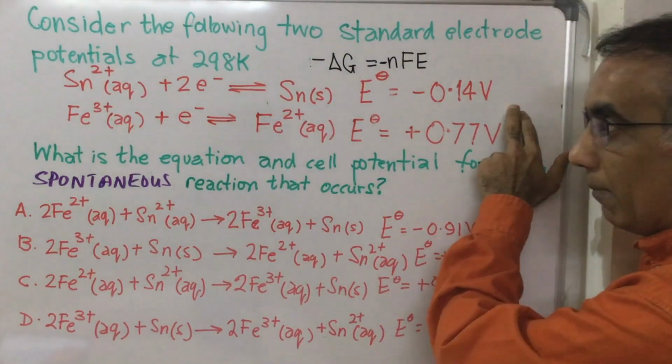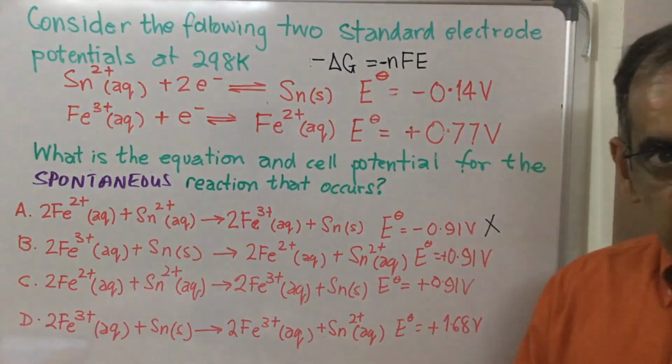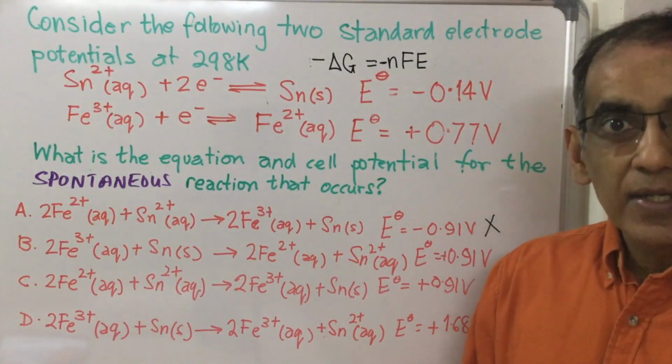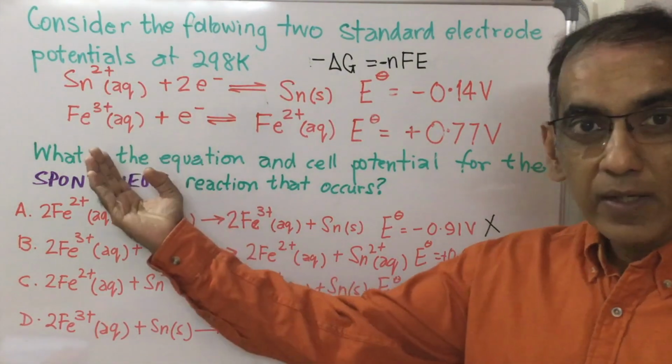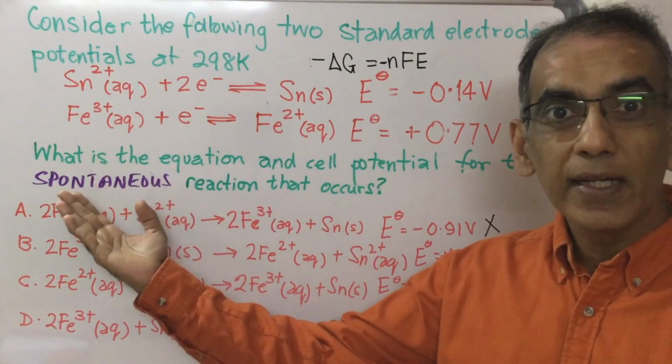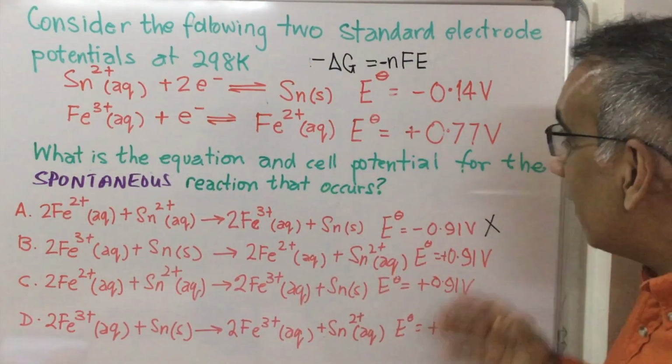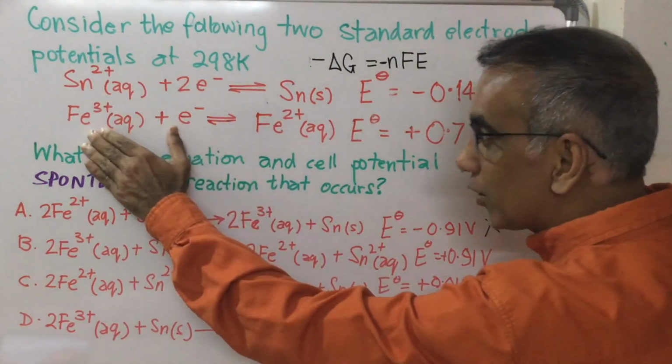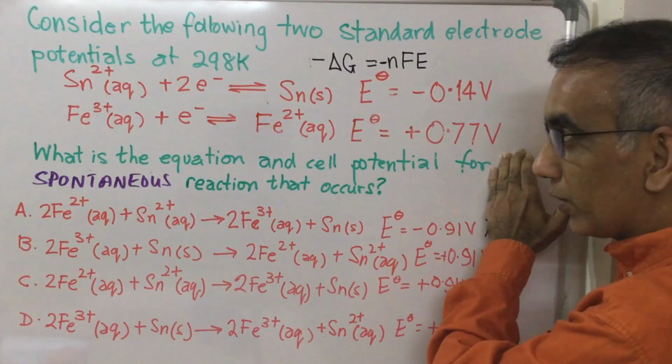But this would not happen with tin, because in this reaction, something must be oxidized and something must be reduced. But here in the table of standard electrode potentials, both are written as though they are reduced. So we have to imagine that this reaction prevails as the reduction process.